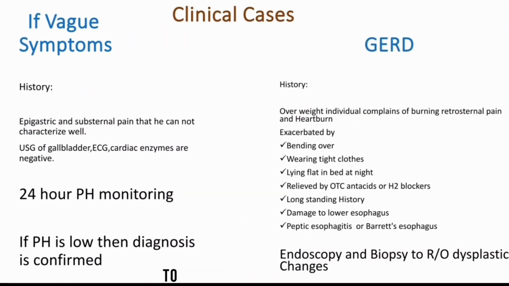Now moving on to the clinical cases, because we have various patients and we can encounter either a vague symptomatic clinical case of gastroesophageal reflux disease, or on the contrary, a patient with the classic clinical features of gastroesophageal reflux disease, we have to try and diagnose all of them either way.